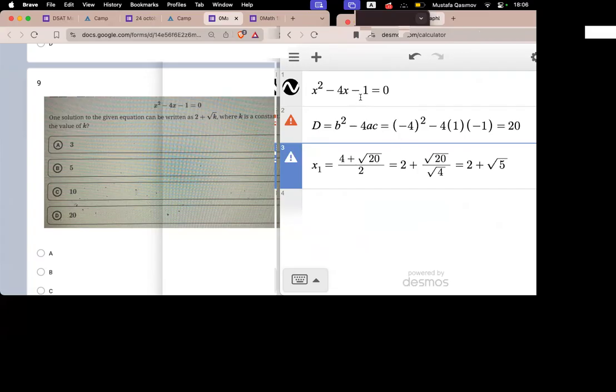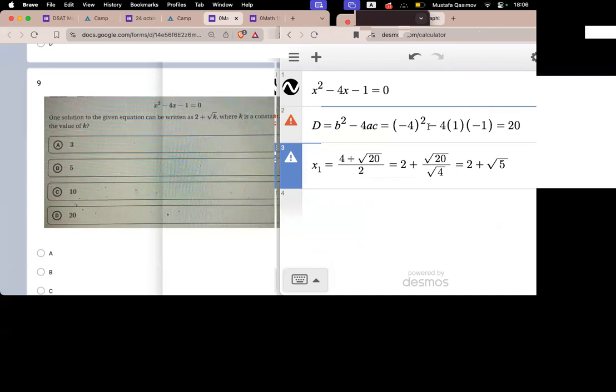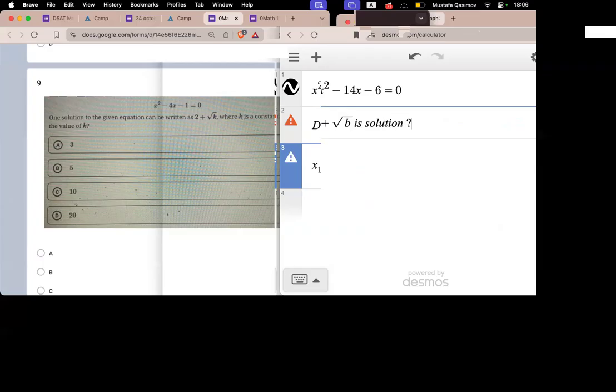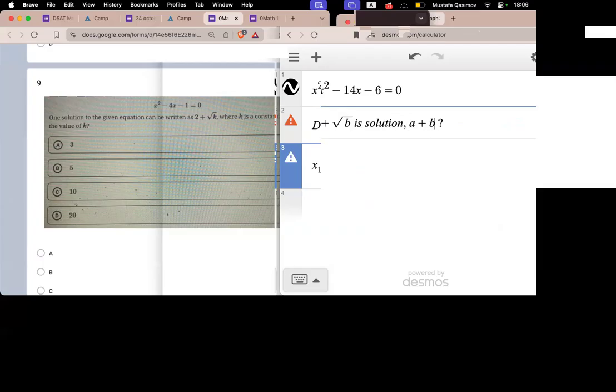Also, we had this type of question. I want to show also this type of question. Let's say it is 2. Let's say it is 14. Let's say it is 6. Now let's say that a plus square root of b is a solution of this equation. What's the value of a plus b? Okay, when it is like that, you can use the second method for finding a and b. It's the same, but if you want to use decimals, it will be a little bit different.